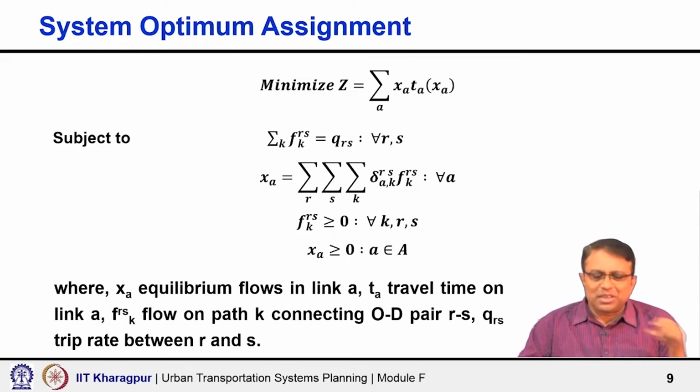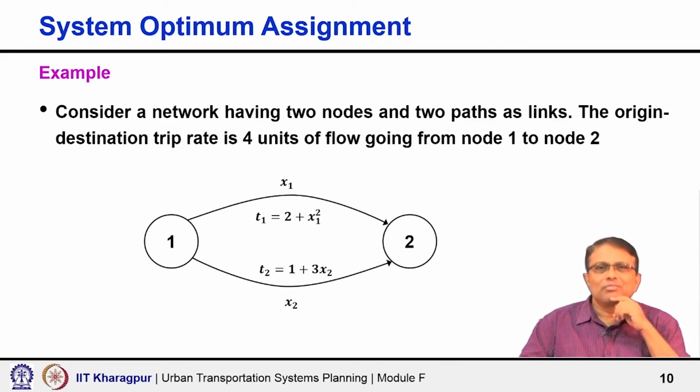Let us take the same example that I took earlier in the case of user equilibrium, and now I am saying the 4 units I want to distribute to route A and route B following the principle of system equilibrium or system optimal distribution.